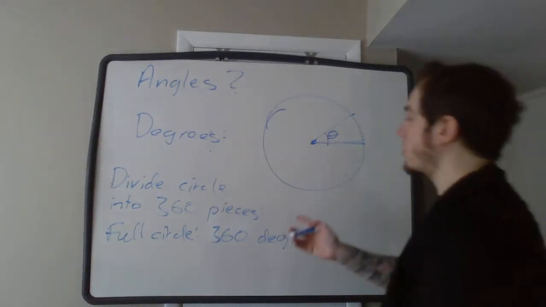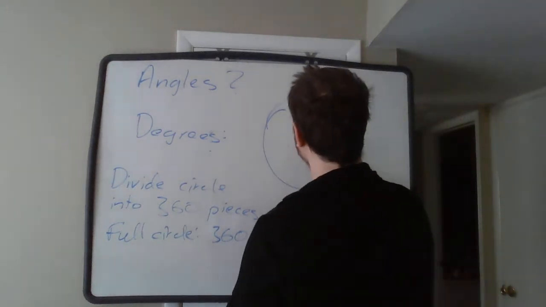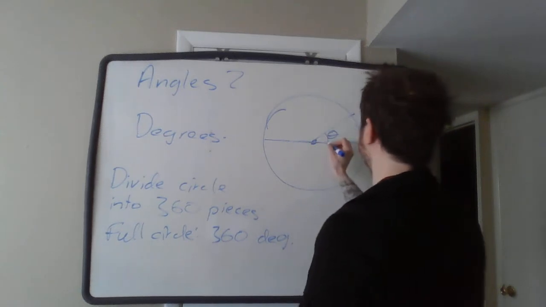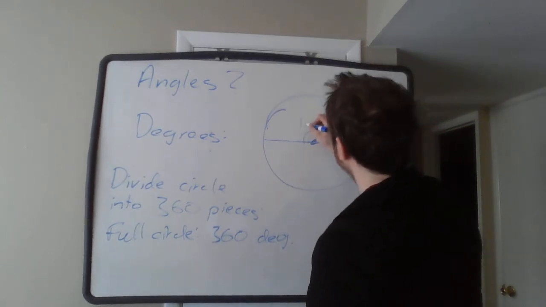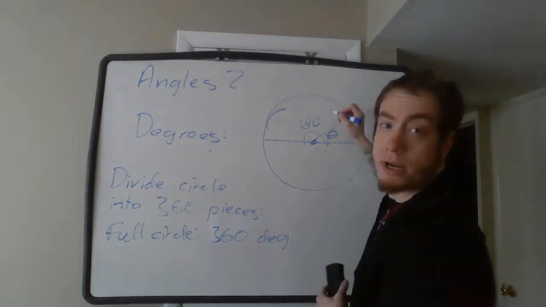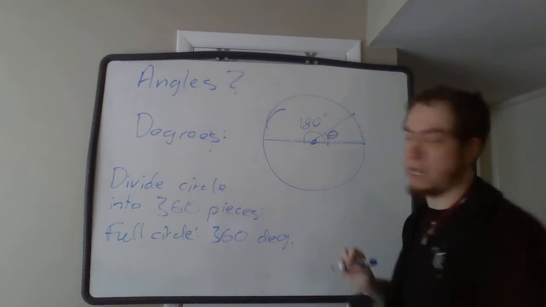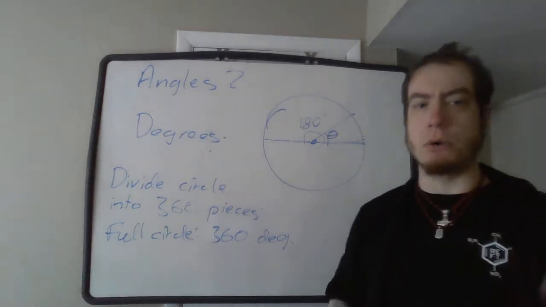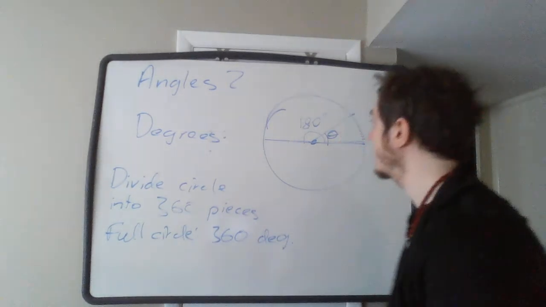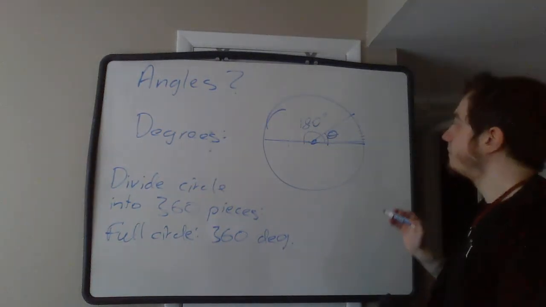And if a full circle is 360 degrees, then half a circle, so if I were to just take 1/2 of this thing, well, this would be 180 degrees. And to mark out that these are degrees, we use a little symbol that is like a tiny O shape or a zero shape, kind of. So half a circle would be 180 degrees.